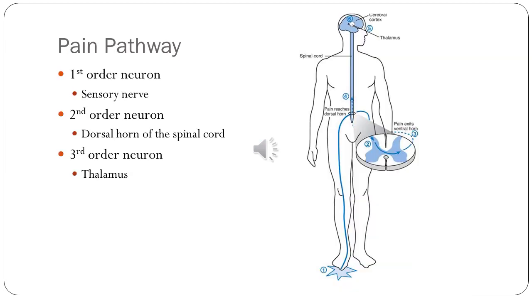Now here we have a representation of the pain pathway. Again, we've talked about the process of inflammation and some of the things that cause pain through that. Now we're strictly looking at this from a nervous system component and how the pain pathway travels.